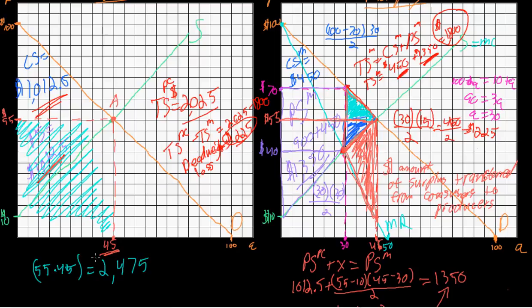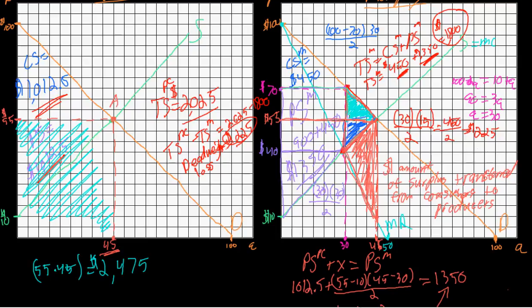And then we can also calculate how much they spend in monopoly. I'm just going to draw over a lot of stuff because this is the last thing that I'm going to do with this graph. Again, what consumers spend is just price times quantity. So price in the monopolistic setting is $70, and there's only 30 units of output.